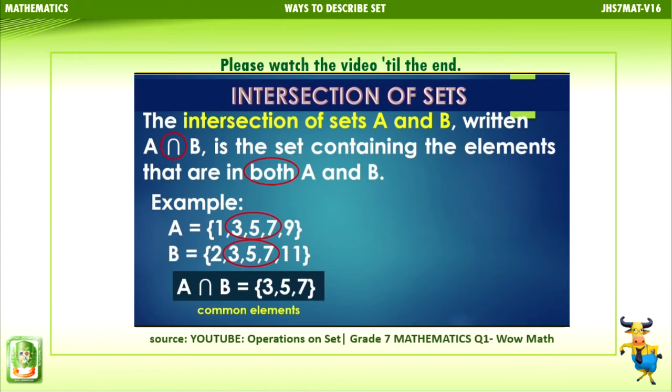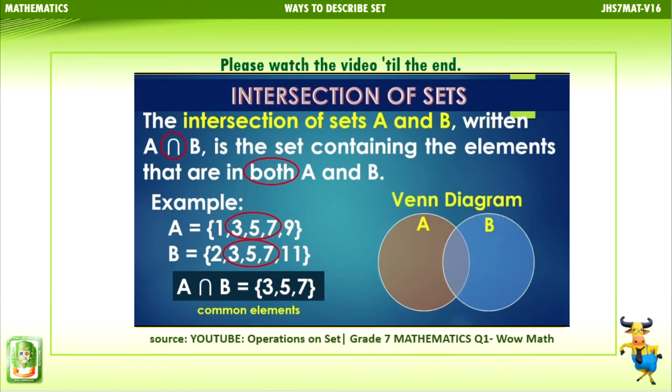Now, we may also show and represent the intersection of sets using Venn diagram. Paano to? So, in set A, meron tayong 1, 3, 5, 7, 9. In set B, meron tayong 2, 3, 5, 7, and 11. When we are using Venn diagram, ang una nating laging ilalagay ay kung ano yung common elements nila o yung tinatawag nating intersection.